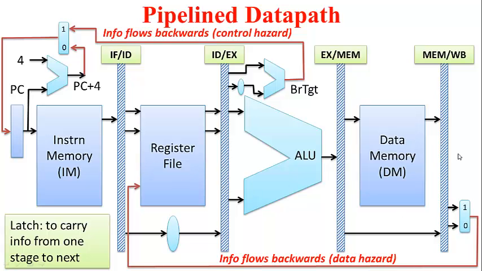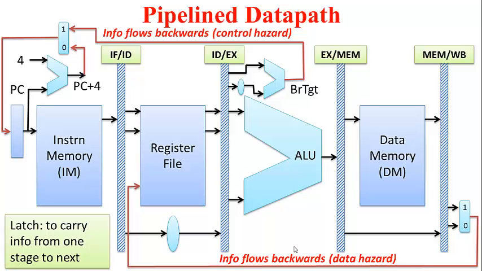So in this flow of information from left to right, there are two exceptions where information flows from right to left. One is the branch target and the other is the register value being written. And as we will see, these two backward flows of information correspond to two different kinds of hazards. The first one corresponds to control hazard and the second one corresponds to data hazard.